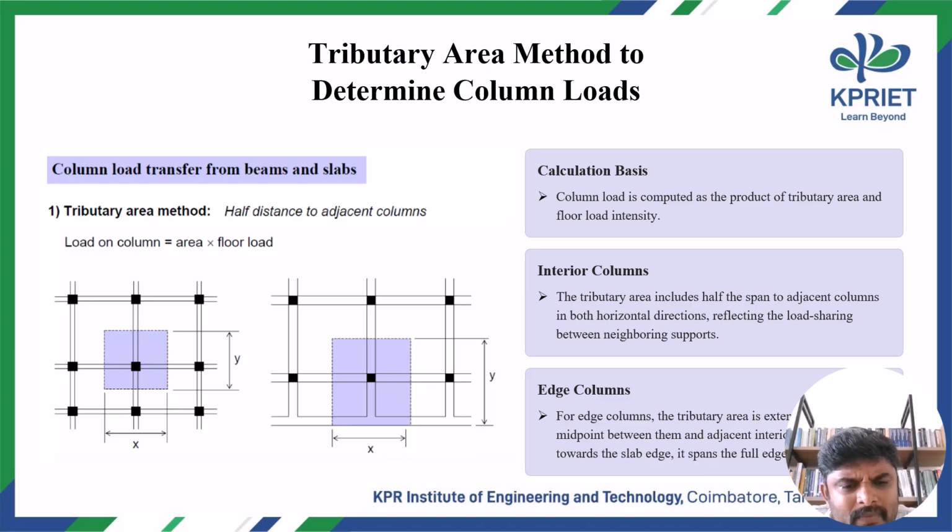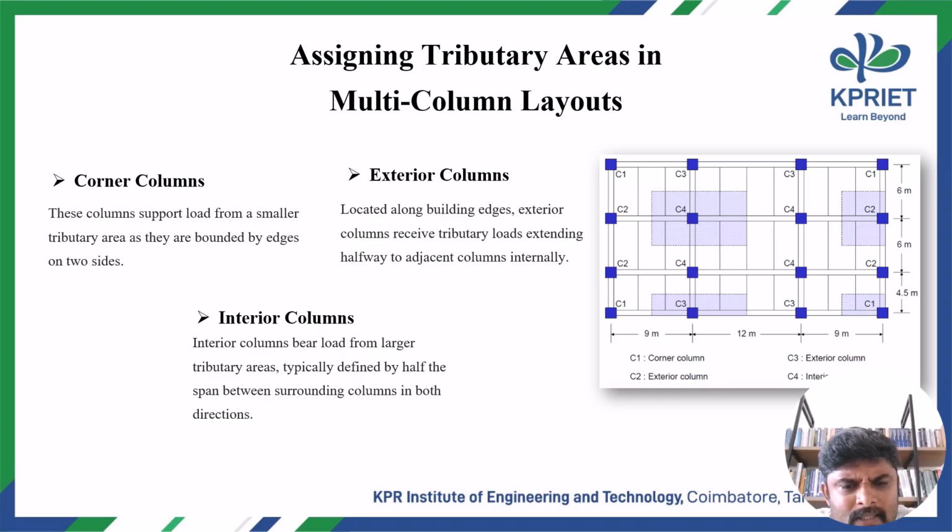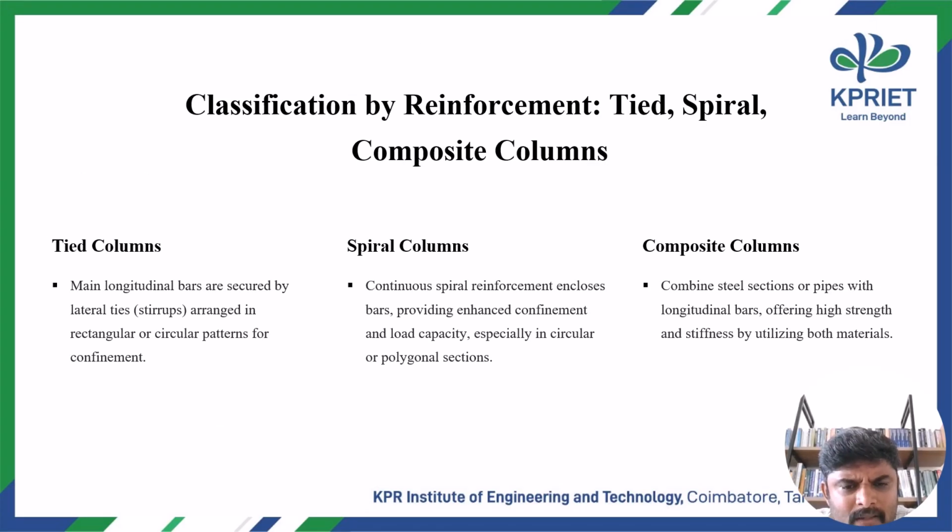Based on that, we are finding the tributary area. In case of an interior column, the tributary area is half the span to the adjacent columns in both horizontal directions, reflecting the load sharing between neighboring supports. Similarly, you will find edge columns and corner columns, exterior columns and interior columns.